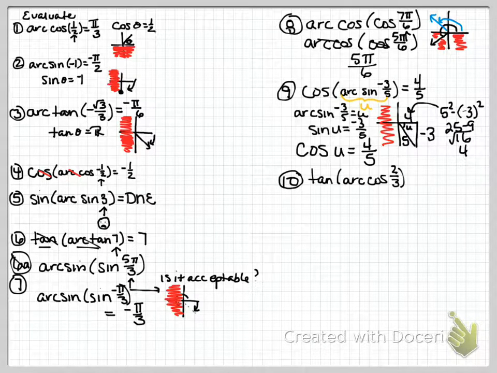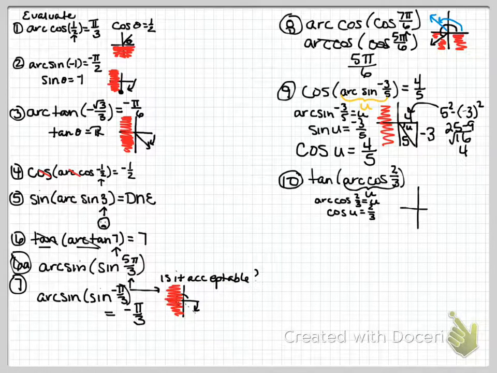Yes, I can. I'm going to make this equal to u, so that arc cosine of 2/3 equals u. So the cosine of u equals 2/3. Okay, I'm going to draw my triangle. My restrictions for cosine are for the third and fourth quadrants, so I can't go down here.